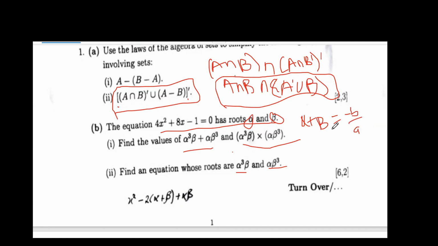That's the identity for alpha plus beta. Then alpha multiplied by beta is equal to c over a. These identities you must have in your head, because whenever they give you an equation about alpha and beta, they want you to use the same. So we can go and solve it from here.